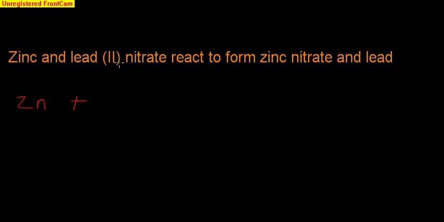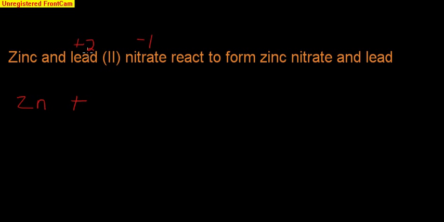Now this 2 here means that lead has a positive 2 charge. Now lead is not exactly in the transition metal area of the periodic table, but it does take on multiple charges and it's treated like a transition metal. So this 2 means positive 2 for the lead, and nitrate, the charge on nitrate is -1.